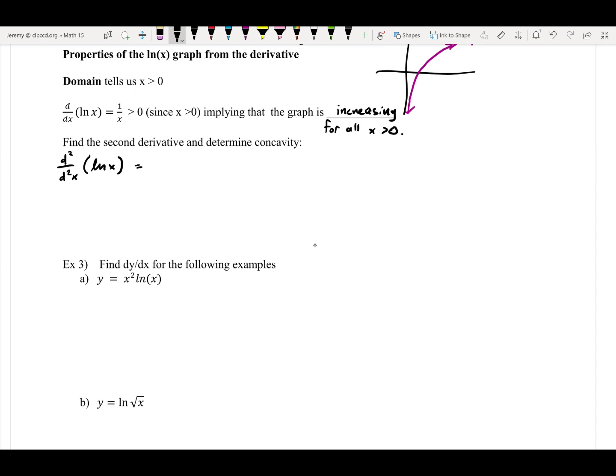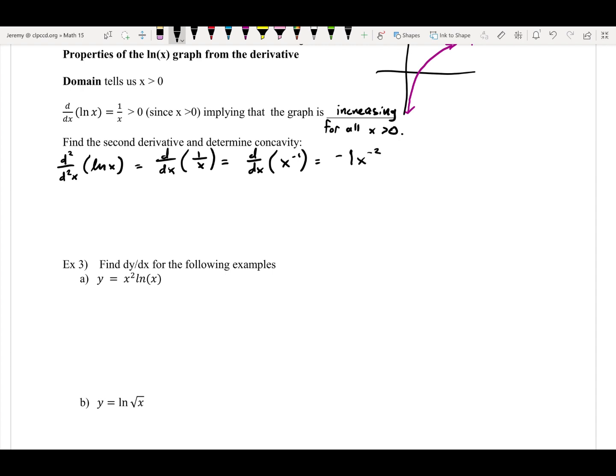Okay, well, we'll take the first derivative first, then we'll just want d/dx of 1 over x. And for the derivative of this, we would do a power rule, take the derivative of x to the negative first power. We would subtract 1 from the exponent and bring down the old exponent, so we would have negative 1 times x to the negative second.